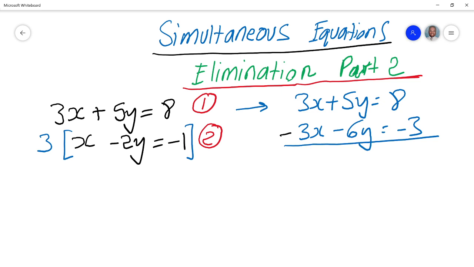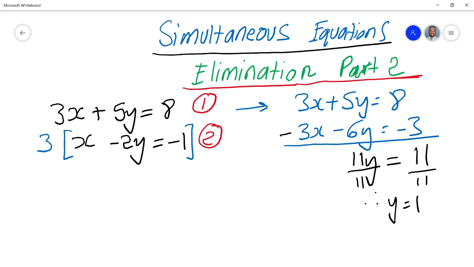So 3x minus 3x becomes 0, so we've eliminated x, and we're now solving for y. 5y minus 6y becomes negative 11y... because minus and minus becomes a plus, that becomes 11y. 8 minus 3 becomes 8 plus 3, which is 11, and therefore you divide by 11, and hence y is equal to 1.